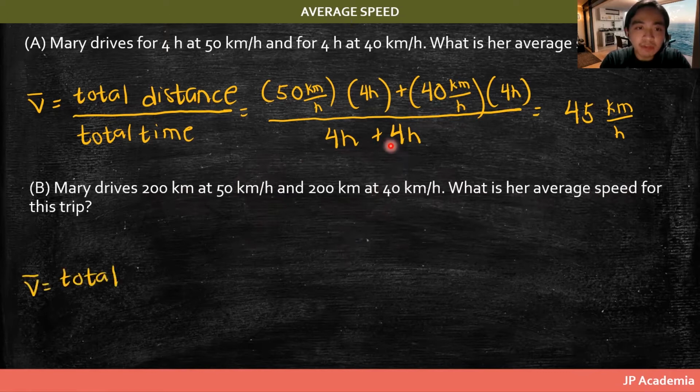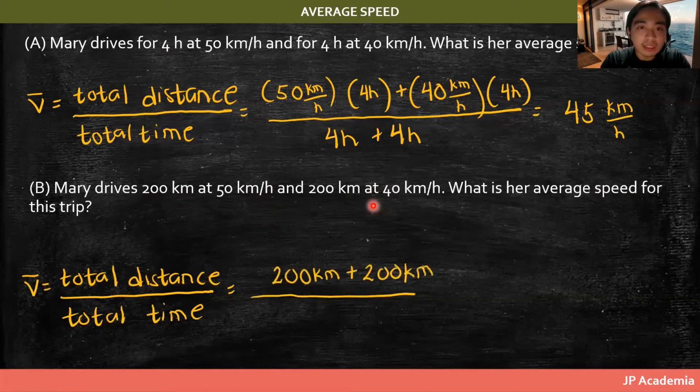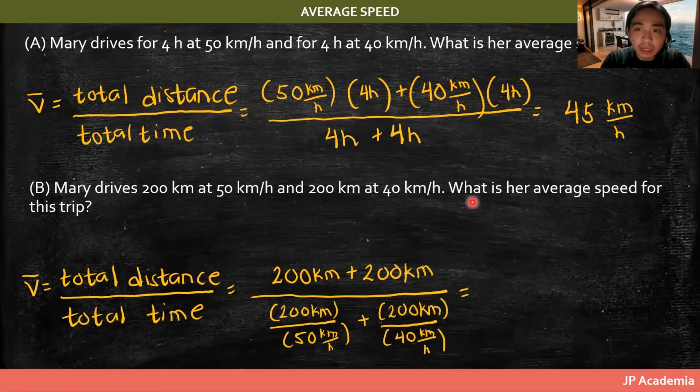Using the same definition ng average speed na total distance over total time, we can get the average speed using the following quantities. So yung 200 kilometers lang, to get the total distance, add mo lang yan. So you have 400 kilometers over, kailangan natin ng time. So 200 kilometers over, yung binigay na speed, so 50 kilometers per hour lang yan.